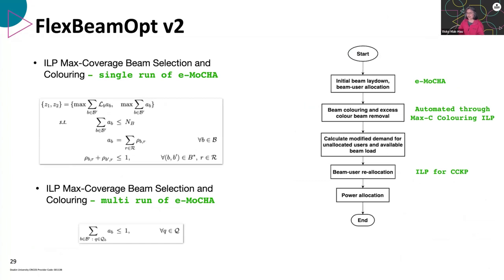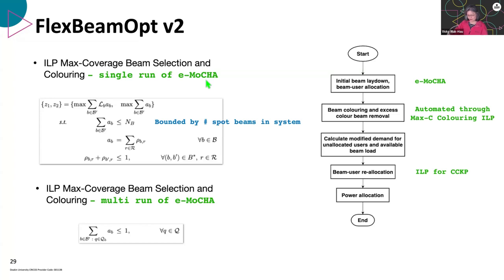And then our second algorithm is about selecting from a set of candidate beams, using an integer programming model to select the best beams out of the candidate beams. So say, for example, if we run our eMak-Hau, we actually have another version of Mak-Hau called eMak-Hau, which stands for exhaustive Mak-Hau.